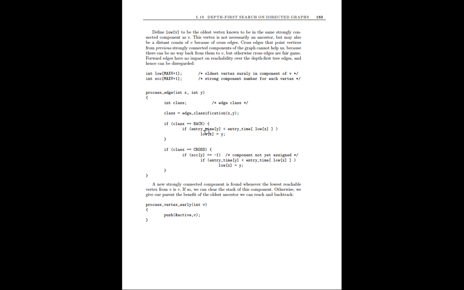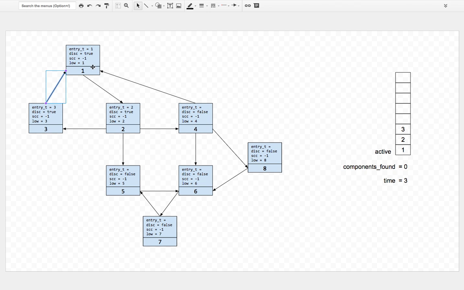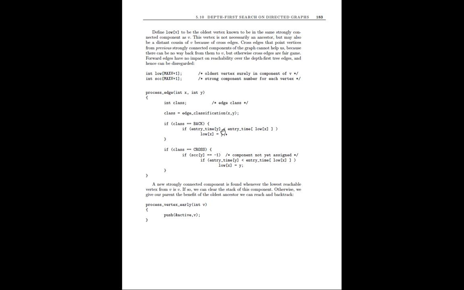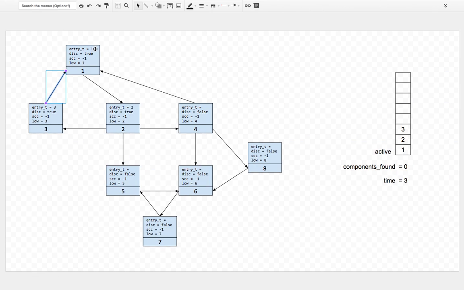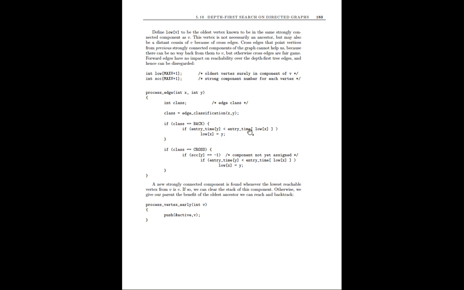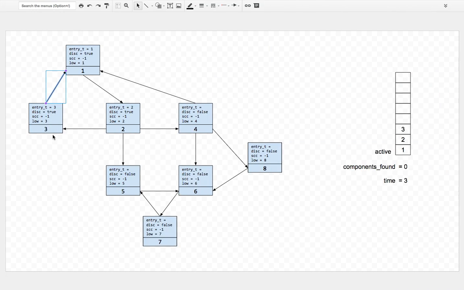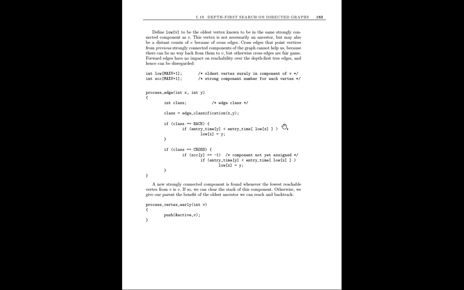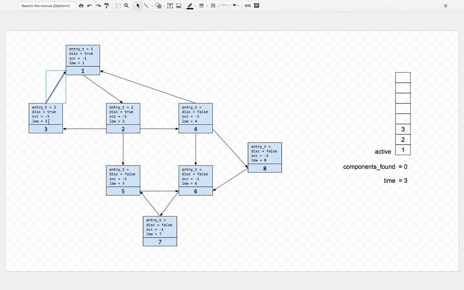So if entry time of y, and y is the vertex to which our edge points, in this case vertex 1, entry time for y, which is 1, is less than entry time for low of x, and x is the vertex from which our edge is drawn, in this case vertex 3. So low of vertex 3 is currently vertex 3 itself.